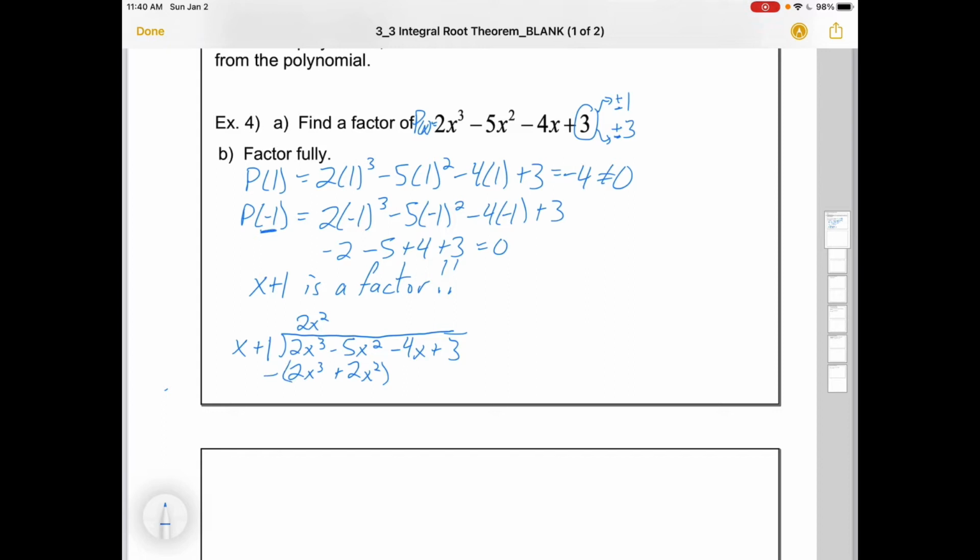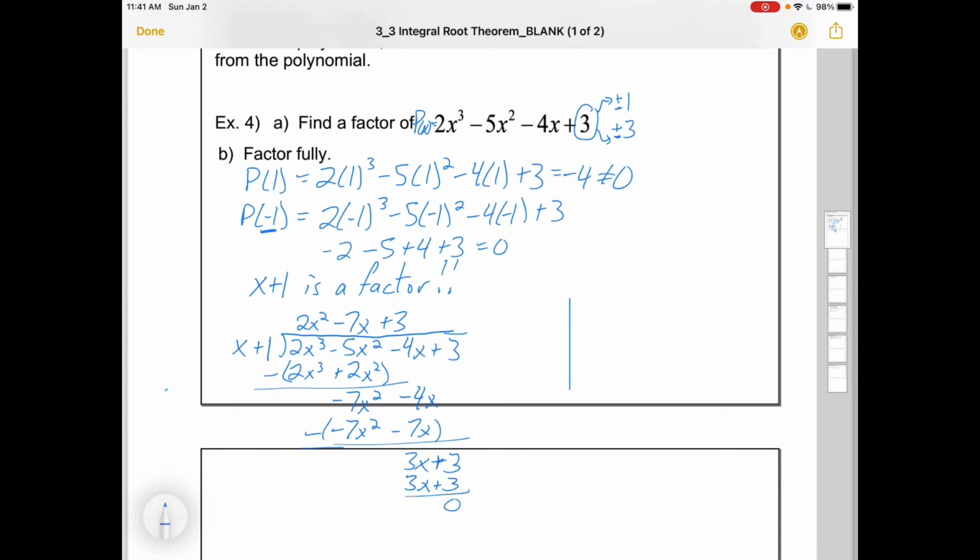Subtract off. And I am never going to insist on which way you do your division. So if you want to do this synthetically, great. All right, so negative 7x squared divided by x is going to give us negative 7x. And I'll multiply back in. And I'll carefully subtract here. So that's actually negative 4x plus 7x, which is going to give us 3x plus 3. Okay, I divide out. I get this 3, multiply back in, and just like I expected, remainder of 0.